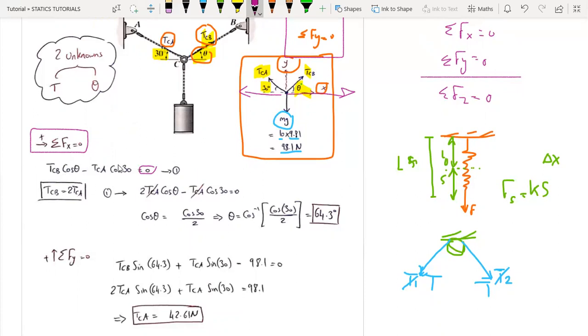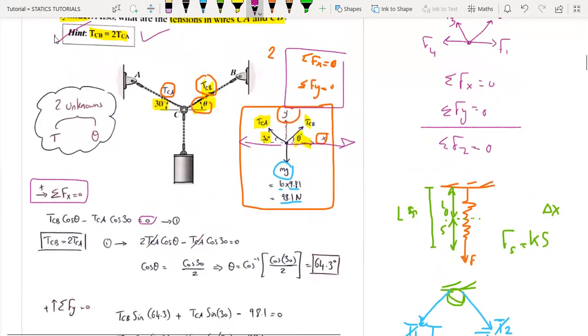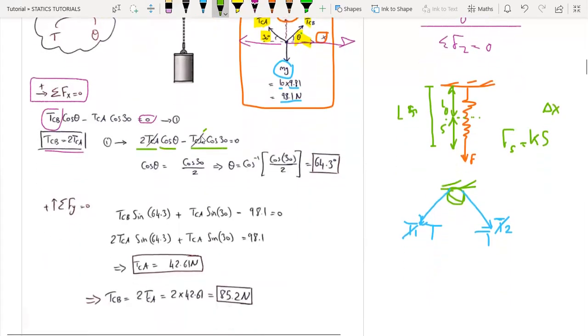So from equation 1, we can use the hint TCB equals 2 TCA and replace TCB by 2 TCA. So we have 2 TCA cosine theta minus TCA cosine 30 equals 0. Here we can cancel TCA out, and we are left with cosine theta equals cosine 30 over 2. When we take the cosine inverse, we get theta to be 64.3 degrees.